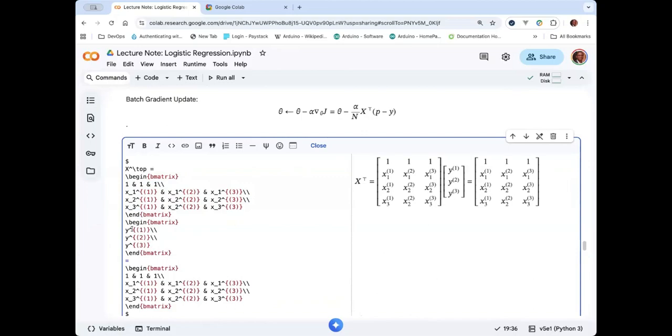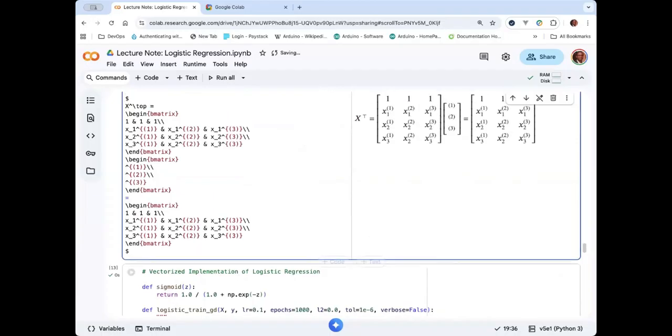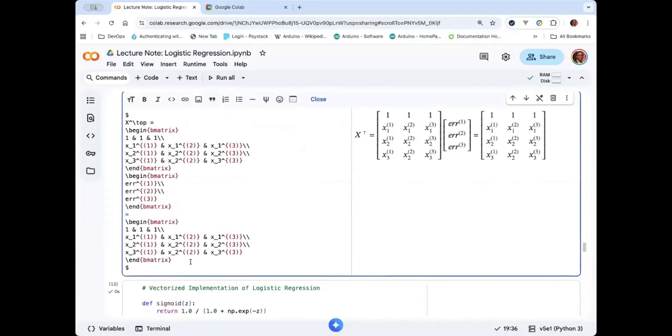So rather than using y's, this should actually be the error for each of them. So let's just call it error or the raw residual, but we can just call it error. Let me use E. So you have error, which is the raw residual from each.